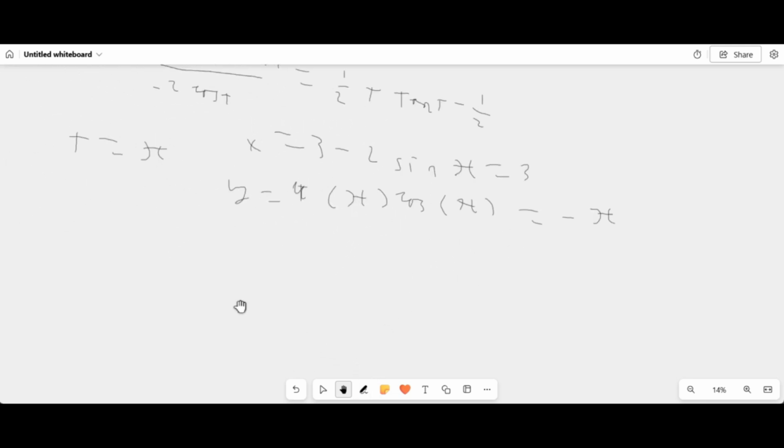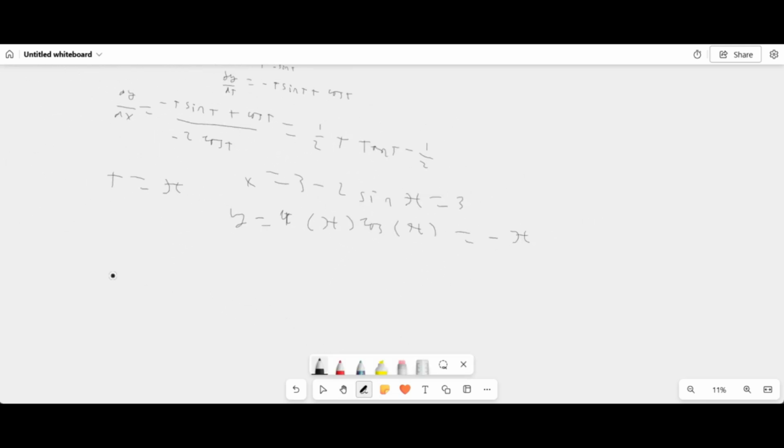And then finally, dy over dx here is going to be, put it in here, so that's pi over 2, because it's t over 2, and then tan pi, minus half. Obviously, tan pi is zero, so there's just nothing here, so you get negative half as the answer.